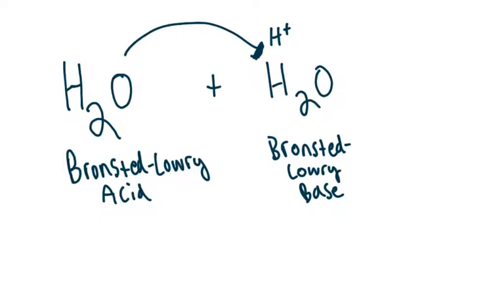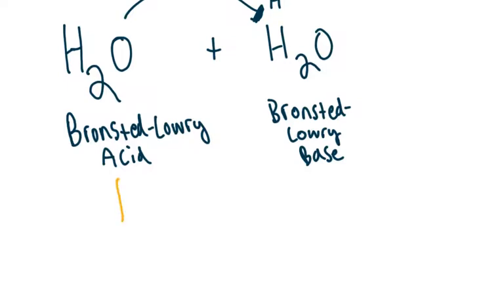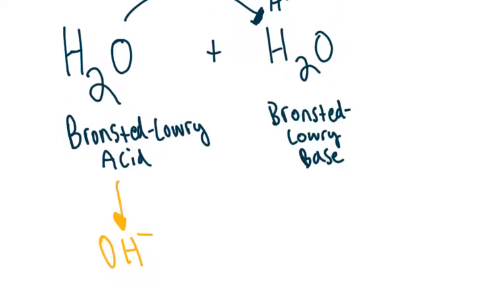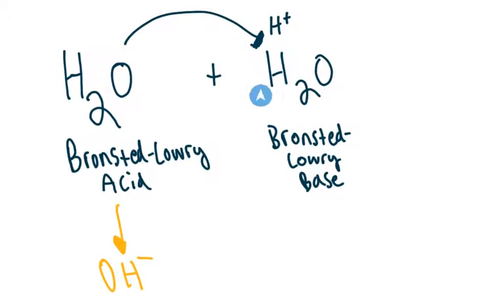So if this water molecule donates a hydrogen cation, if we lose a hydrogen atom, we're going to turn into an OH. And here we're going to have 3 hydrogen atoms and 1 oxygen, which is hydronium.